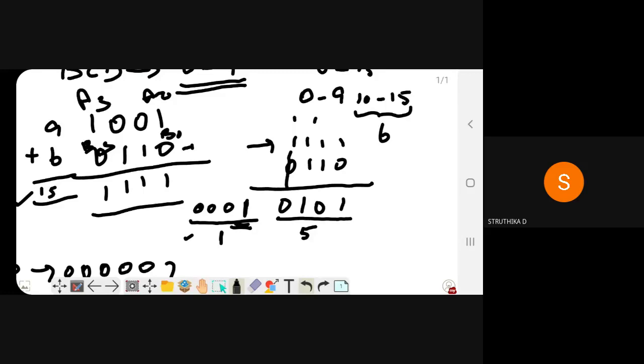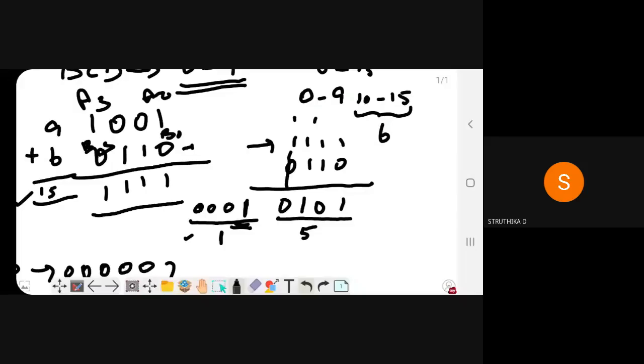Yes, ma'am. Okay. So in the calculation, can we use the parallel adder? Instead of using individual full adders, I'm going to use an IC called a 4-bit parallel adder, which has the same design we saw in the previous class.